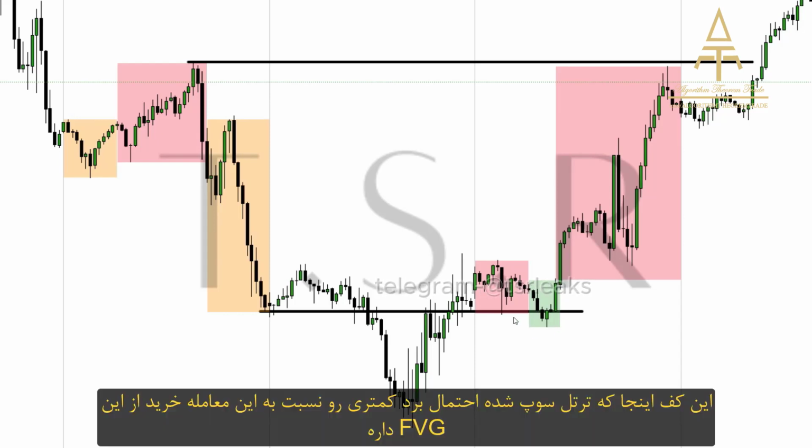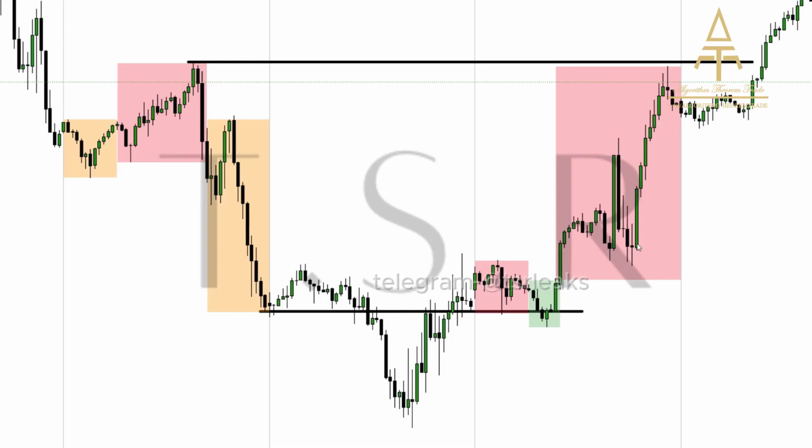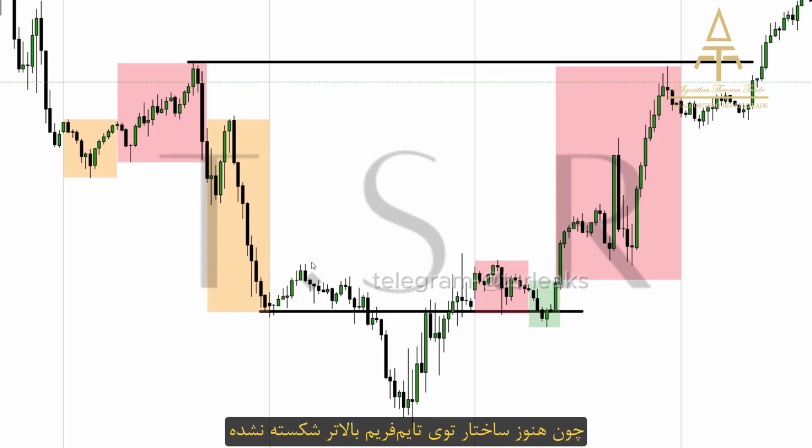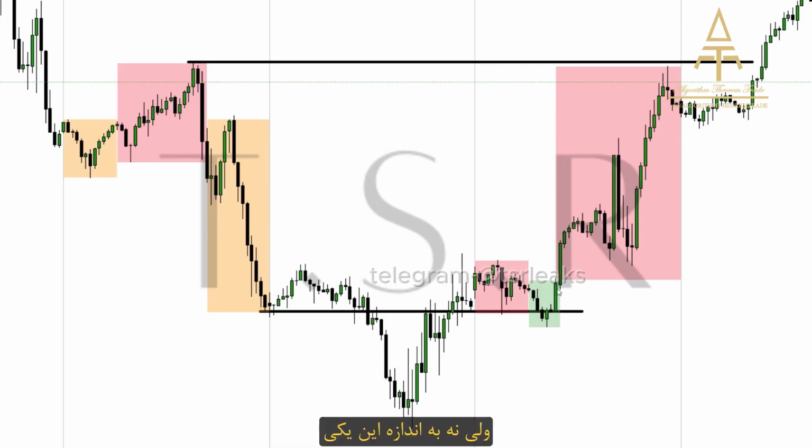This low right here that was turtle souped is lower probability than this long from this fair value gap. Why? Because structure was not broken yet on the higher time frame. Now, of course, this is still seen as a high probability entry, just not as high as this one. Why? Price has not broken structure.